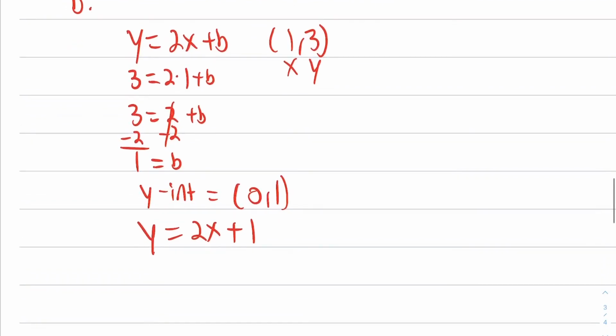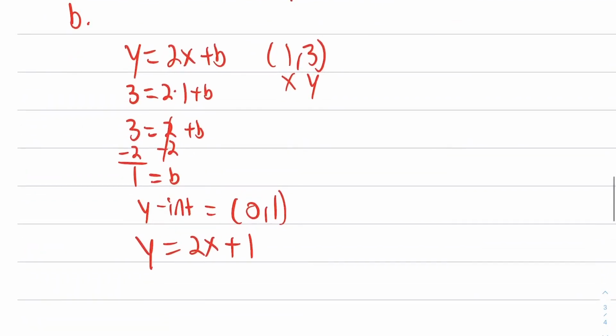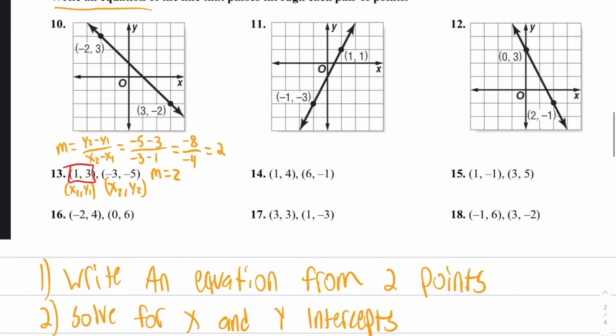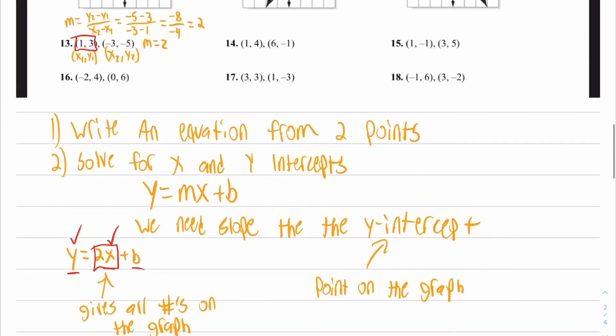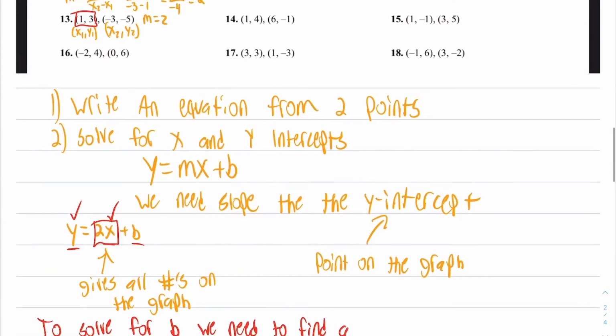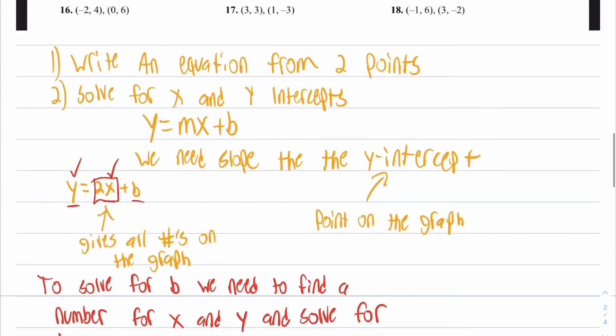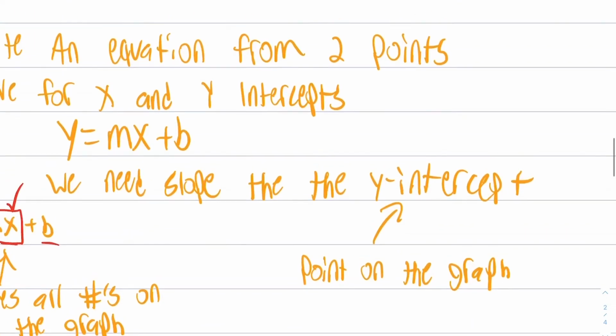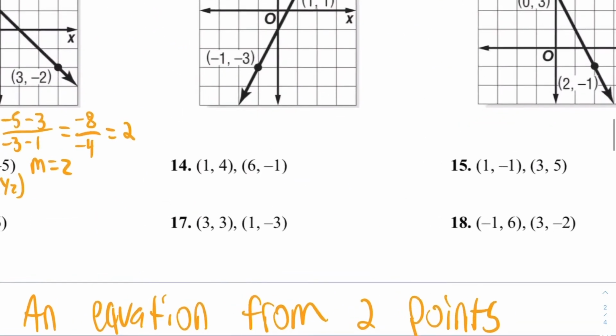That's our final answer. Let's do it again, and this time it won't take as long because we've already done one example. Following the steps, we're going to write an equation from 2 points. If we're going to write an equation, then we need the slope and we need the y-intercept. The first one that we can find out is the slope.